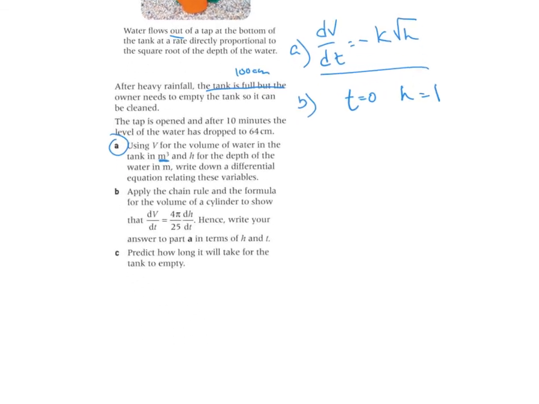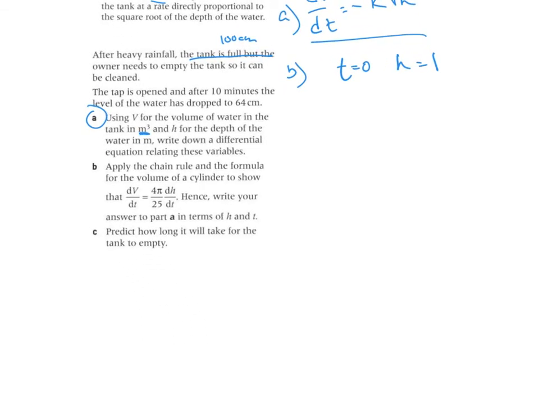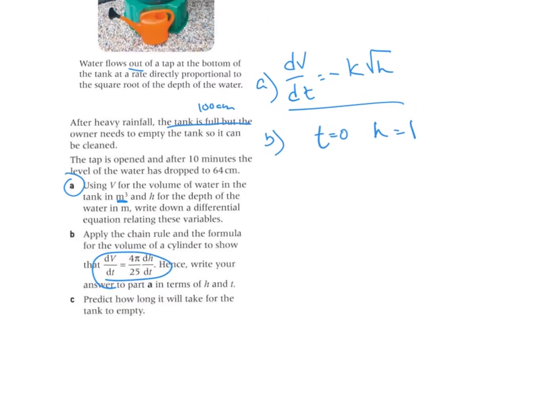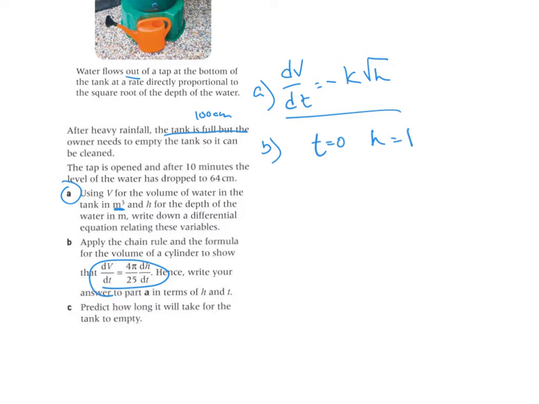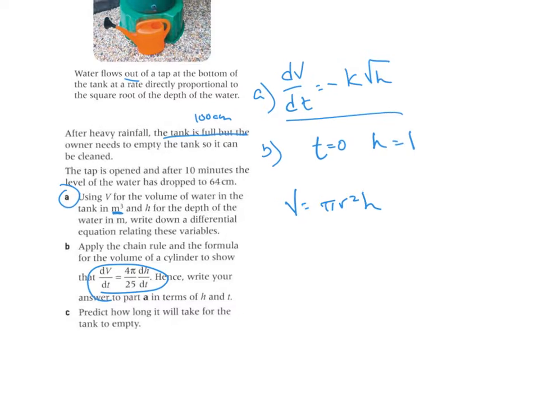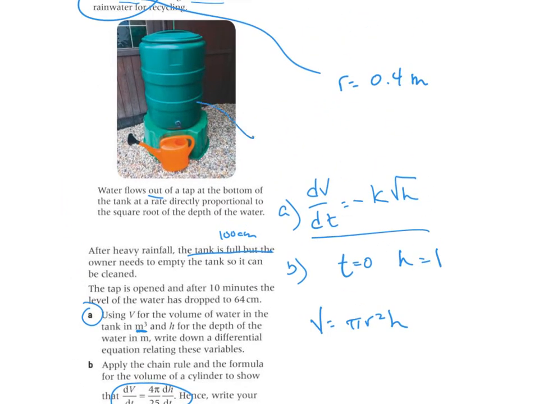So now moving from there, we want to apply the chain rule and the formula for the volume of the cylinder to show that this is true. Well, I know that the volume of a cylinder is V equals pi r squared h. And for this particular can, the r is fixed. It is 0.4.